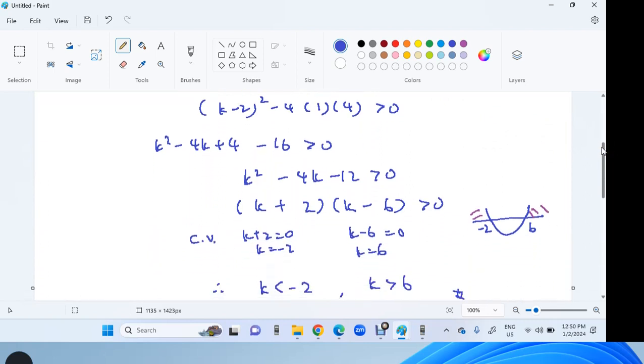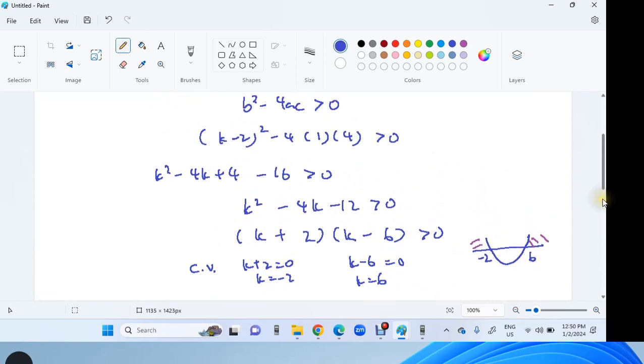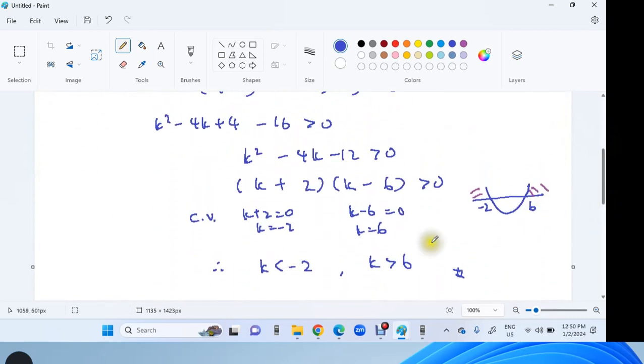Then we do it until a certain part, and we have to solve the quadratic inequality. So this is the answer. They combine the type of roots and the quadratic inequality at the same time.